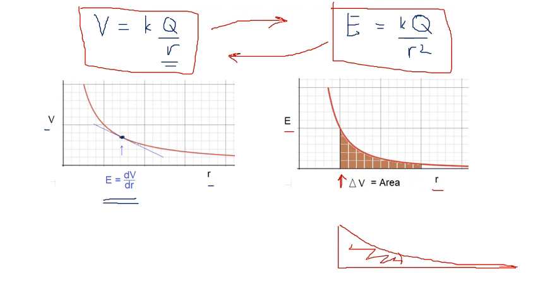If I want the potential difference, it's the area between those two values of R. So delta V is the area between those two values of R. It's a very common little multiple-choice question: V against R, the slope tells you the field strength; E against R, the area tells you the potential or the difference in potential.